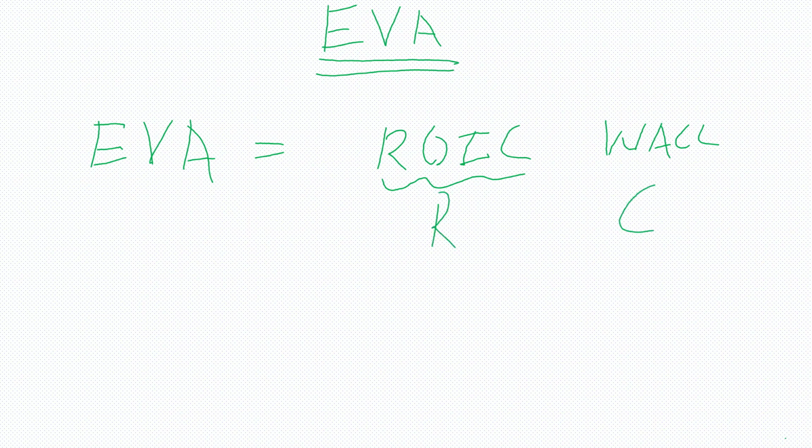If you subtract the weighted average cost of capital from return on invested capital, that gives us how much additional value is being created in terms of percent. If you multiply this by total assets, that gives us the economic profit for the business. Think about how this is computed.